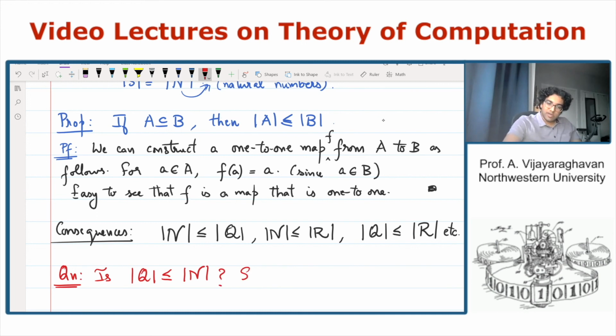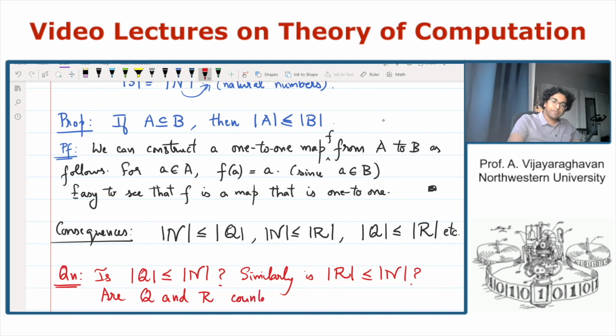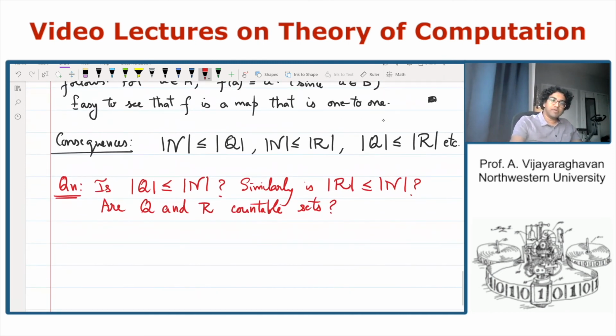Similarly, is the cardinality of real numbers less than or equal to the cardinality of natural numbers? So really what we are asking is, are rational numbers and real numbers countable sets?